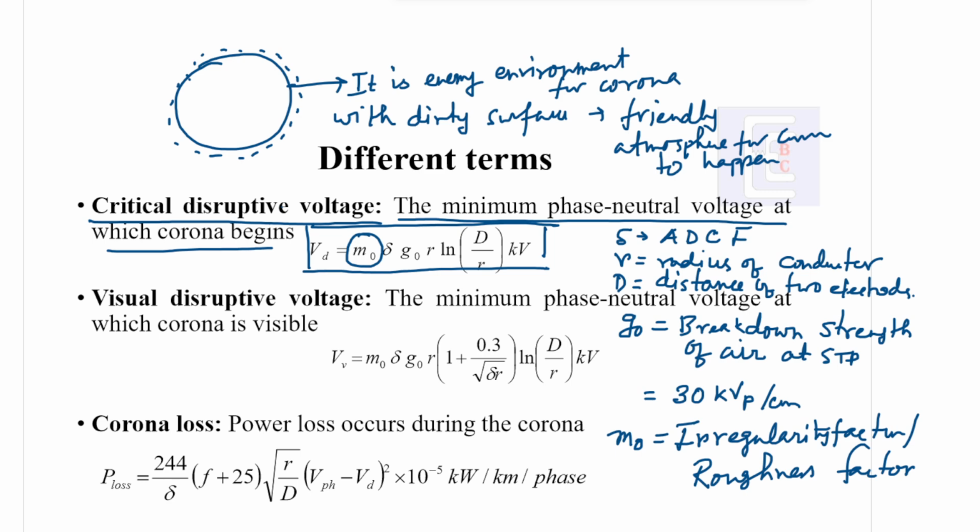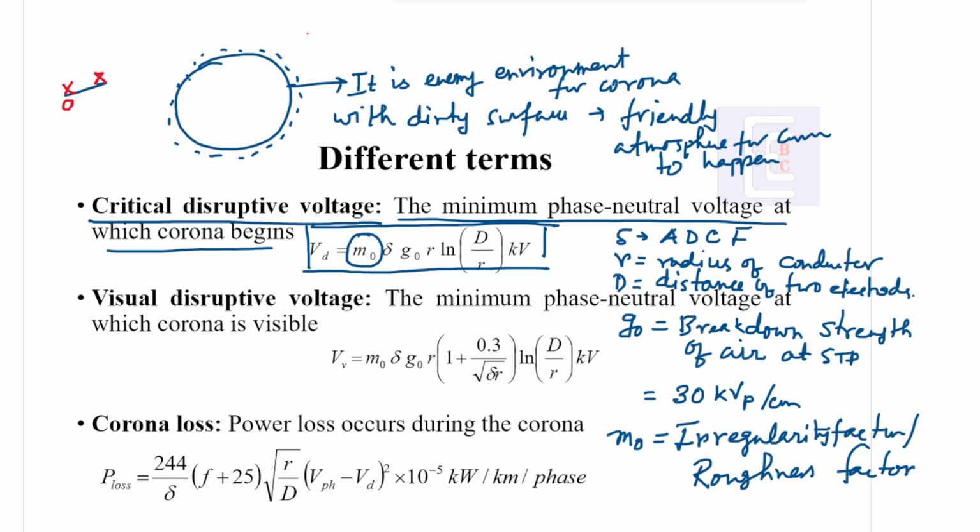Why? Suppose I am considering this is a part of the metal surface, and due to impurities, we locate two points.